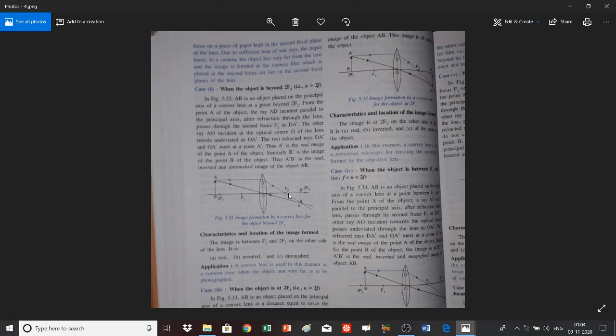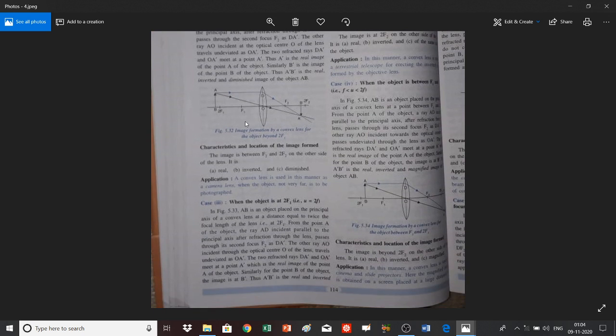This refracted ray and this refracted ray will meet at the point A prime. So A prime is the image of the point A. Similarly, B prime will be the image of the point B. Now just join these two points, A prime B prime. So B prime A prime will give you the image of the object BA.